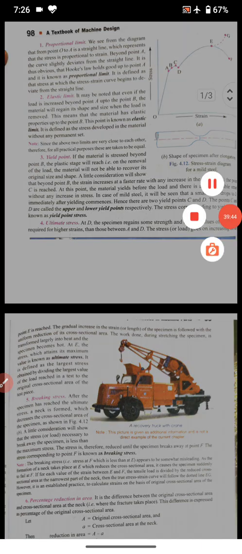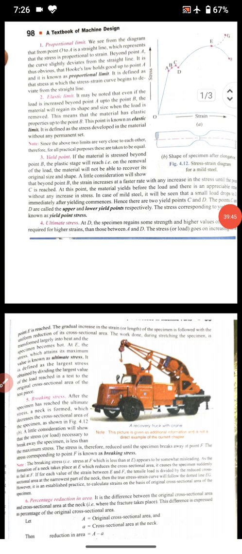The next lecture will be very important from a design point of view, and we will see a small topic, that is factor of safety. It is a small topic but very important for your engineering concern.